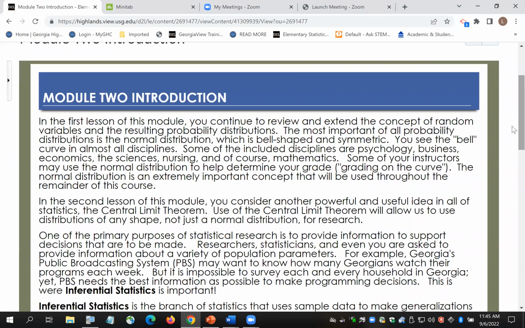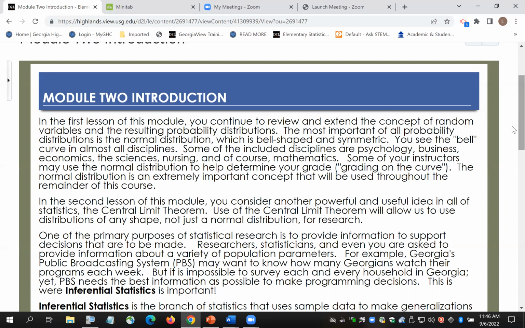is the normal distribution, which is bell-shaped and symmetric. You see the bell curve in almost all disciplines. Some of the included disciplines are psychology, business, economics, the sciences, nursing, and of course, mathematics.